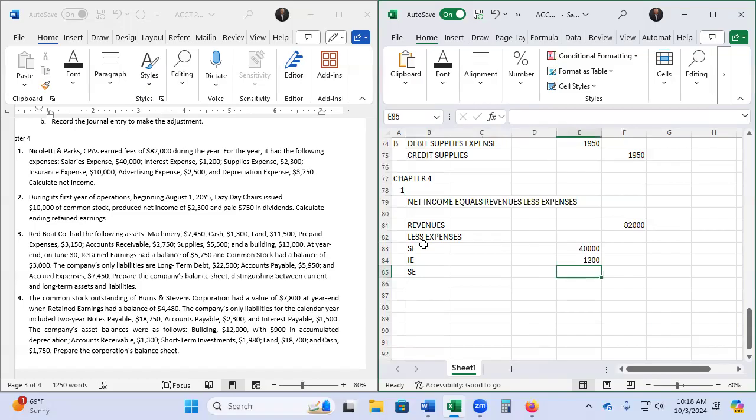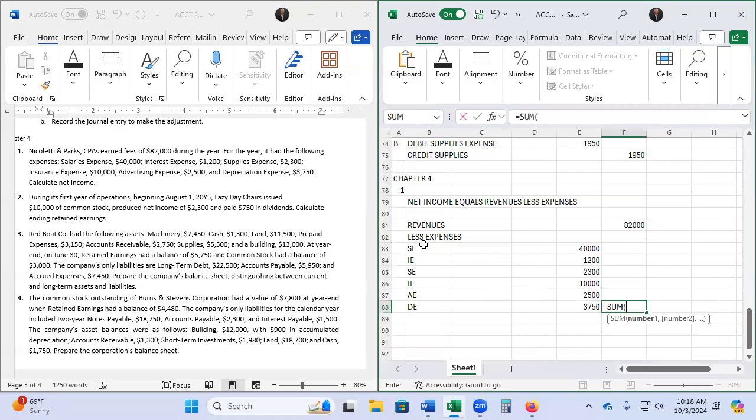Supplies expense, 2,300. Insurance expense, 10,000. Advertising expense, 2,500. And depreciation expense of 3,750.